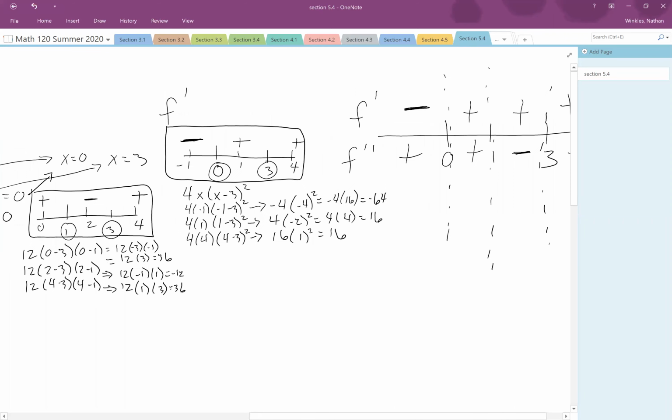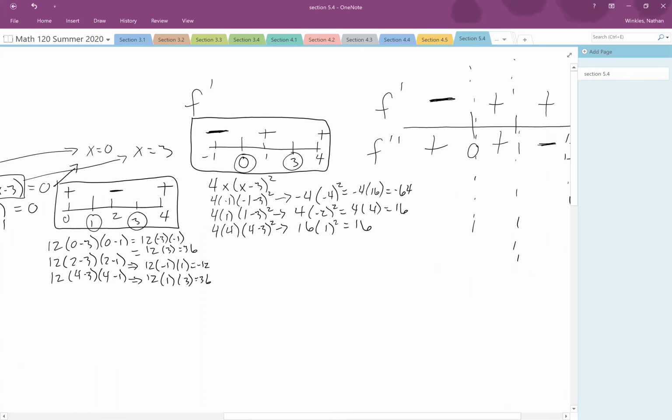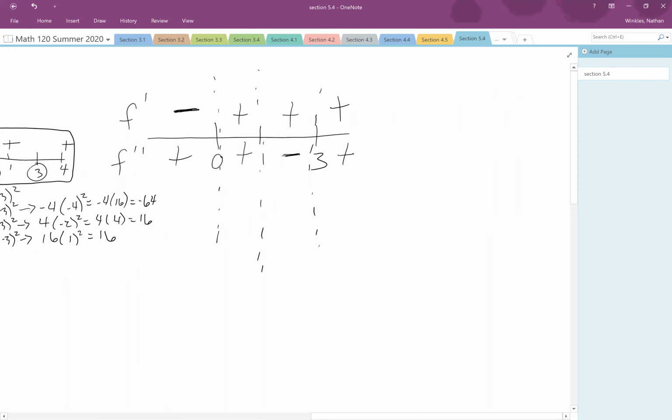Now let's come back and see what this question asked us. We're looking for increasing and concave down. For increasing, I'm looking for the pluses up top. Increasing is up top, and concave down is what we're looking for.